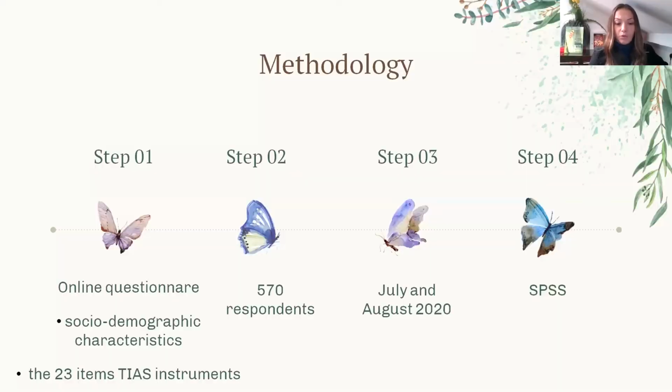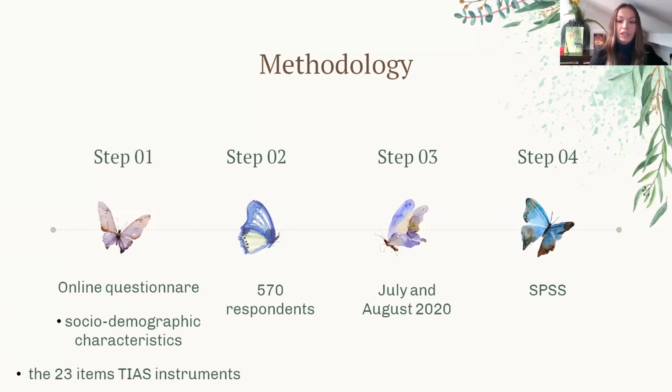To meet the aim of this research, an online questionnaire was constructed using Google Forms. The questionnaire consists of two sections. The first section is related to socio-demographic and economic characteristics and consists of 5 questions. The second part is the TIAS instrument, 23 items.